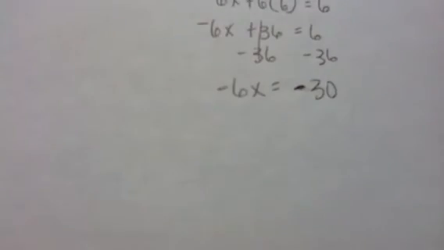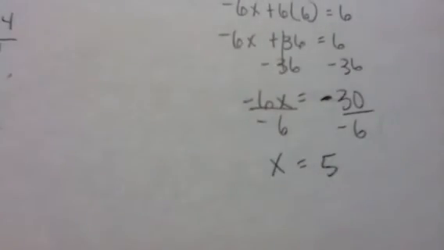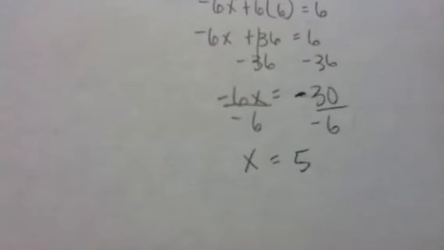Sorry, I was thinking that 6 was negative. 6 minus 36 gives me negative 30. Then I'm going to divide by negative 6, and I have x equals 5. So your x was 5 and your y was 6.